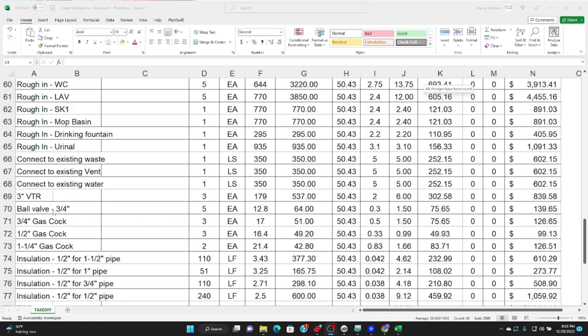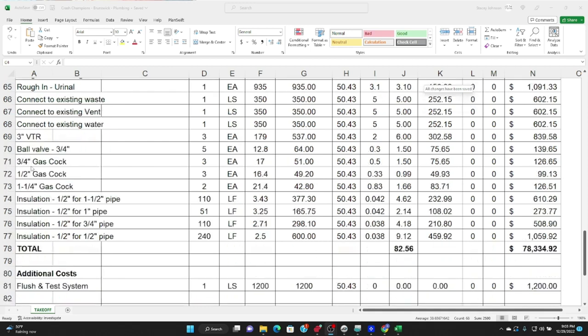Then the vent to roof and all the ball valves and gas cocks, and it's important to make sure you base all of these on the size of the pipe that they are connected to, because the cost is going to be different. And last but not least, we're always going to include insulation for our pipes.